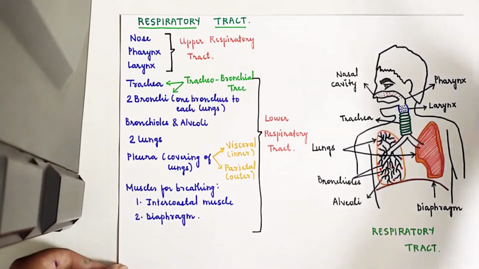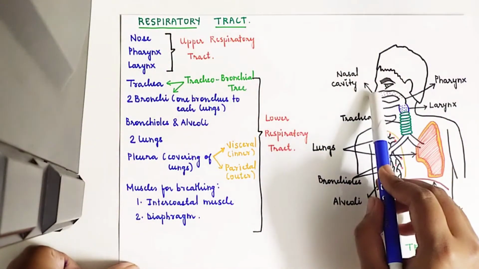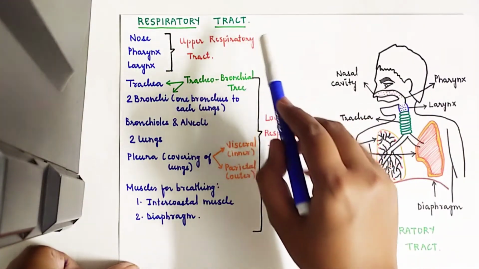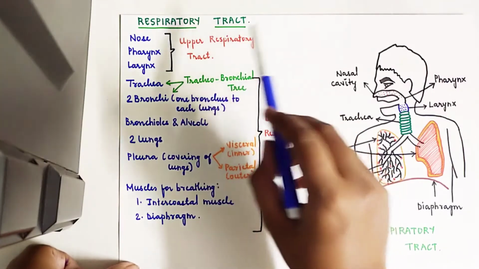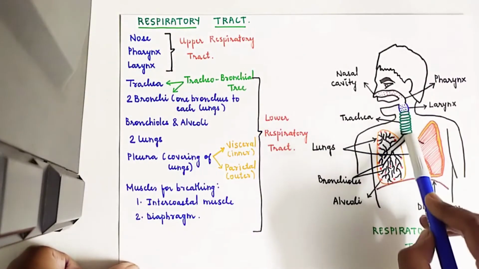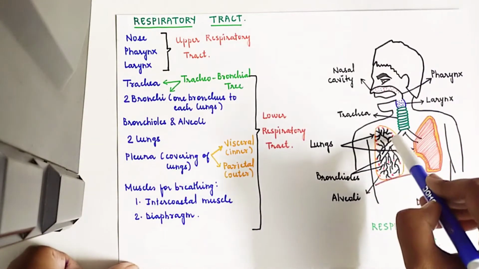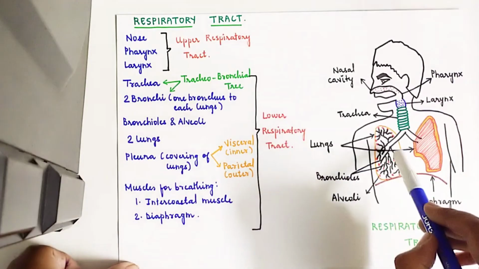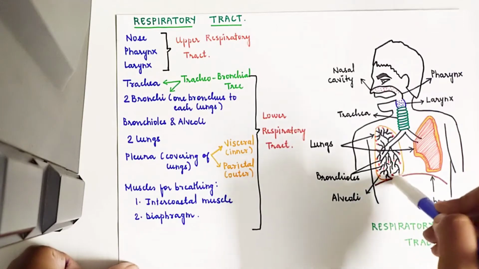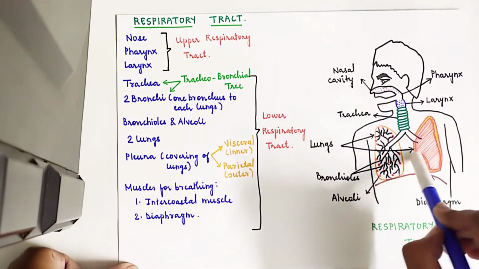So starting with the nose, the pharynx and the larynx, they constitute the upper respiratory tract: the nose, pharynx and larynx. Then the trachea, the two bronchi, each known as bronchus, then the bronchioles and alveoli, then the two lungs, the pleura.